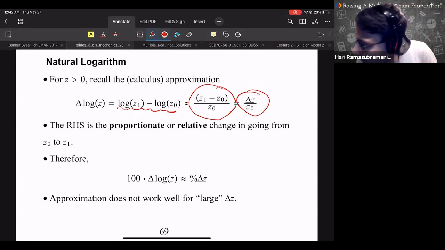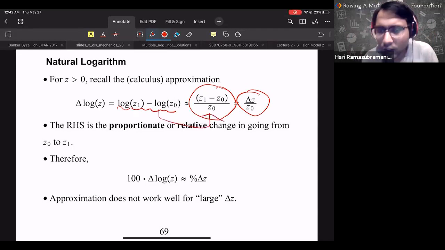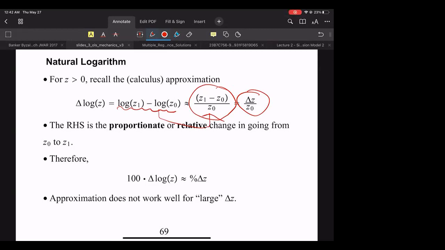Can somebody tell me how you go from here to here? How do you go from the approximate change being z1 minus z0? How is the change in log approximately equal to the percentage change? Because the derivative is 1 by x.